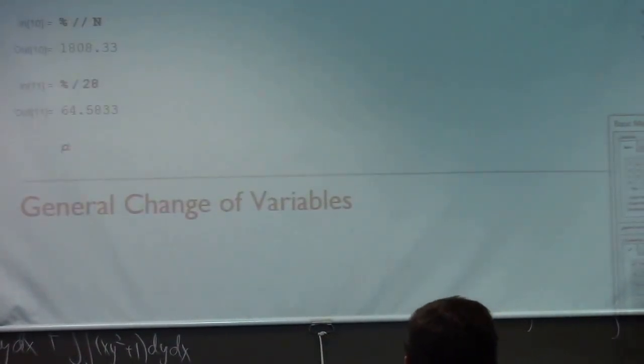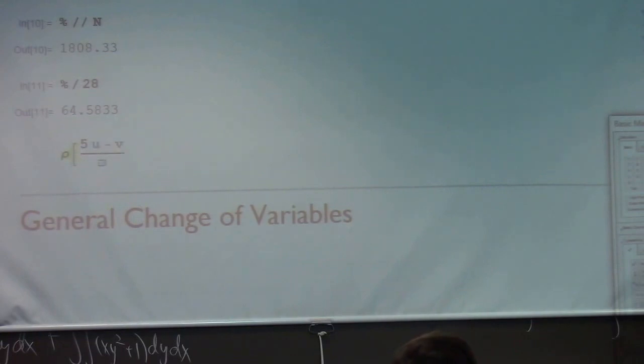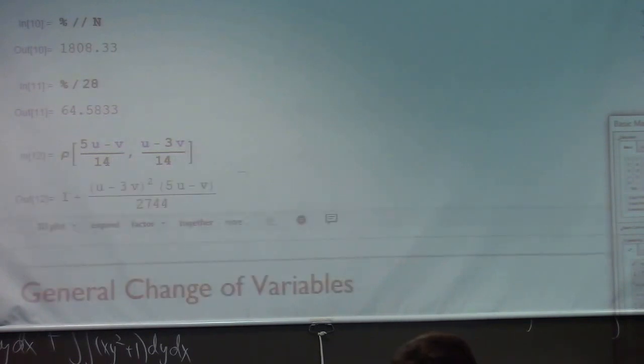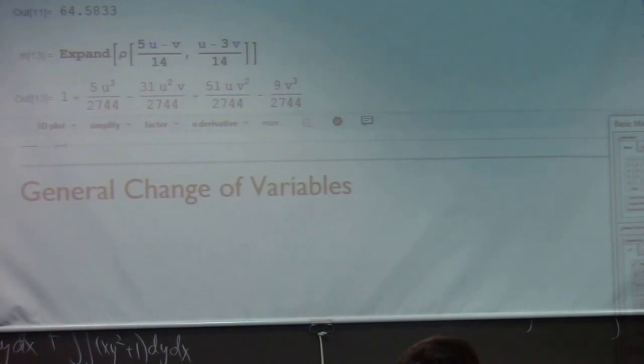If you just type it like this, x is (5u minus v) over 14, y is (u minus 3v) over 14, the answer comes out unexpanded, like that. So we would want to expand it. There we go, it's more complicated than I expected.